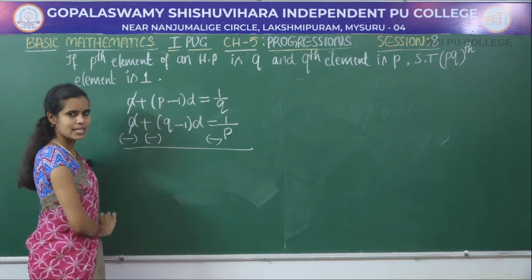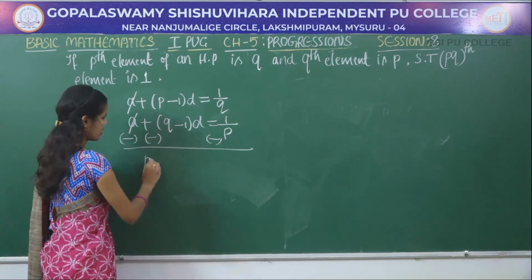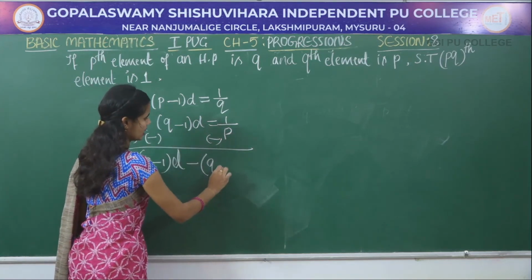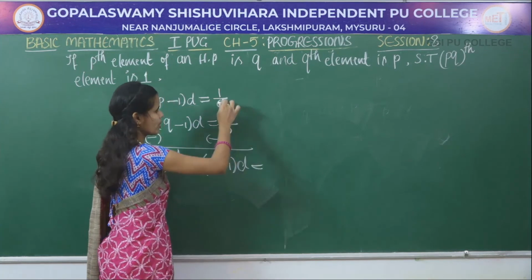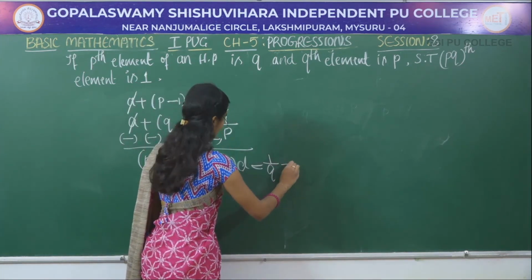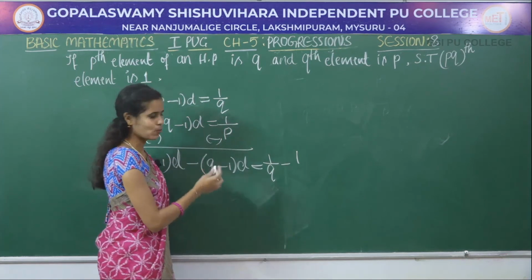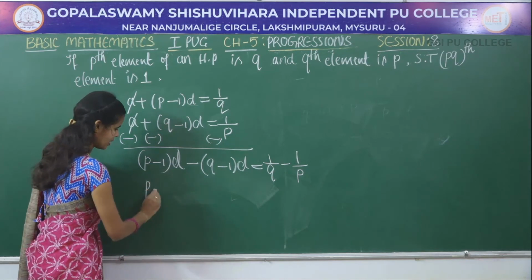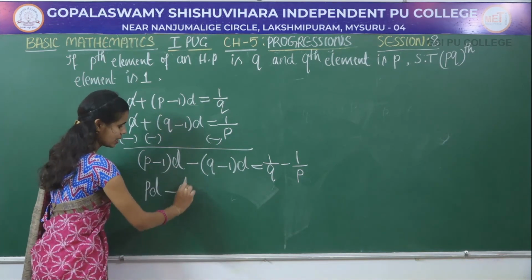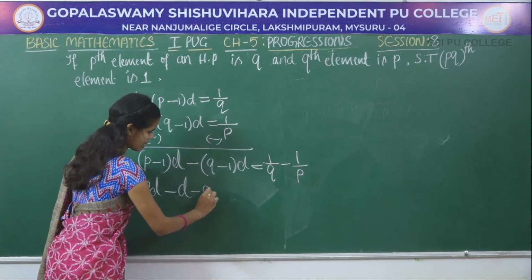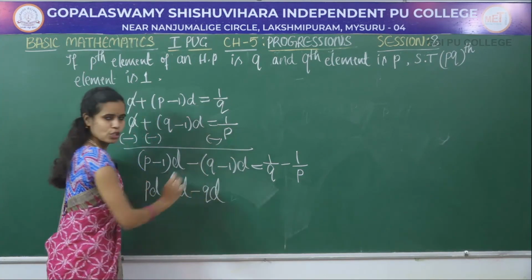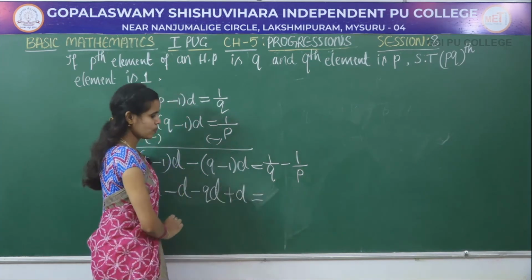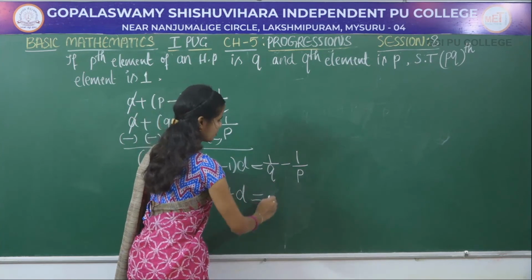So a minus a gets cancelled. We have (p minus 1) into d minus (q minus 1) into d is equal to 1 by q minus 1 by p. Simplify the left side: pd minus d minus qd plus d. On the right side, subtract these two terms.